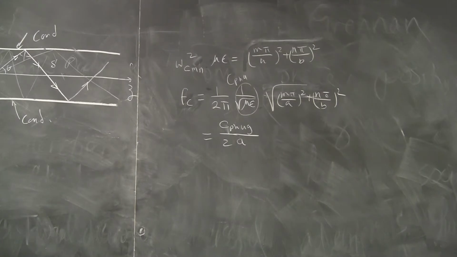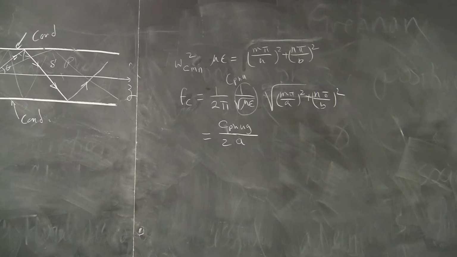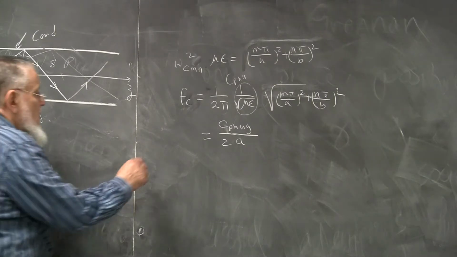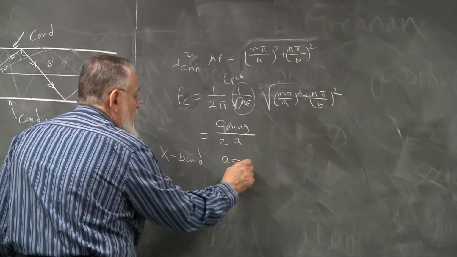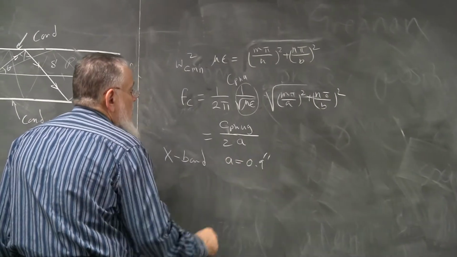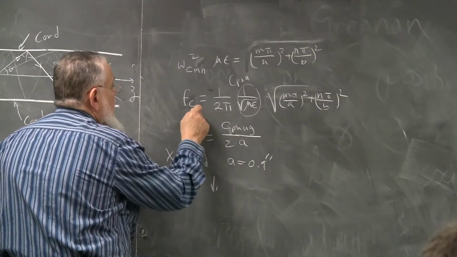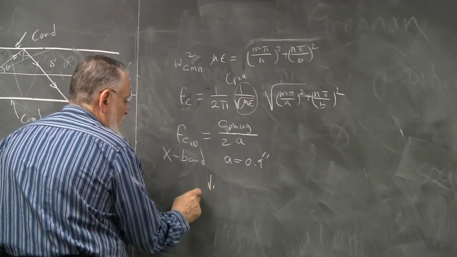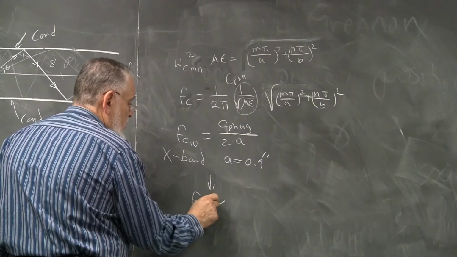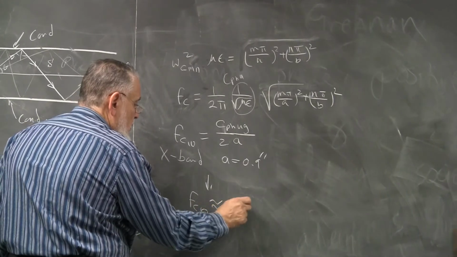All right? So if we were to say the X-band waveguide, A is 9 inches. We said before that that's FC10. FC10 is about 6.5 gigahertz.